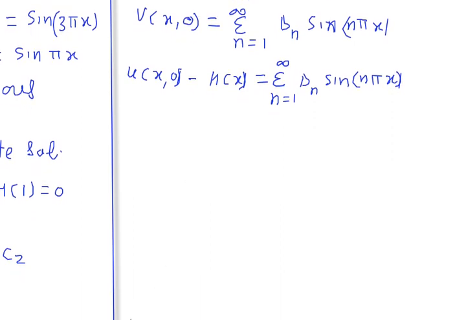So you know u(x,0) was sine pi x minus 1 over 9 pi squared sine 3 pi x. So you have to open the summation.